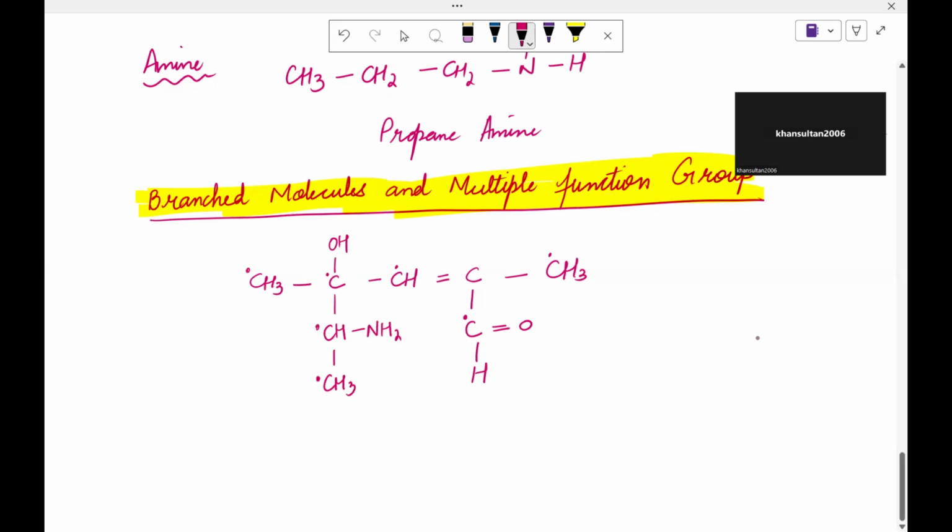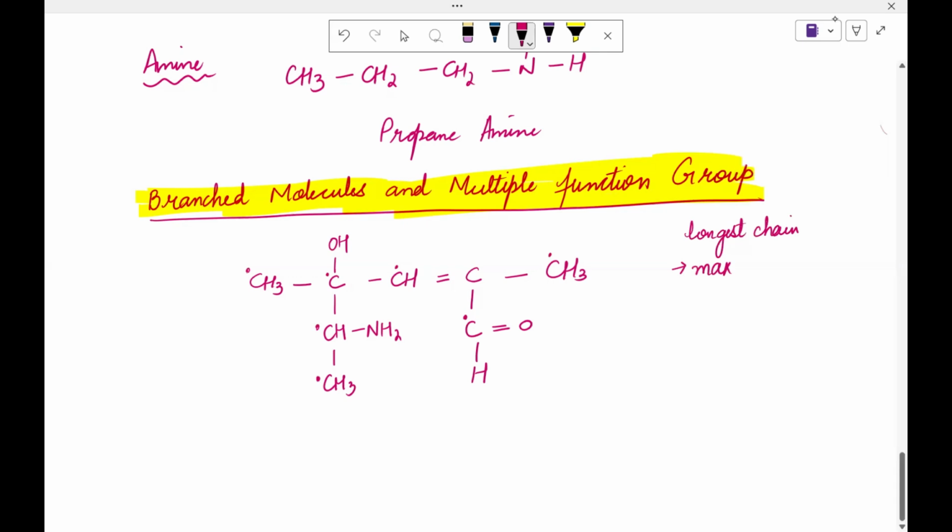is carbon. So for the longest chain, first of all, there are certain requirements to find the longest chain or main chain. The longest chain should have the maximum groups attached to it.